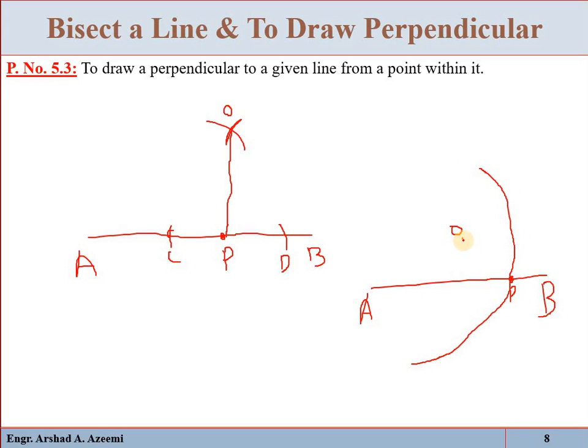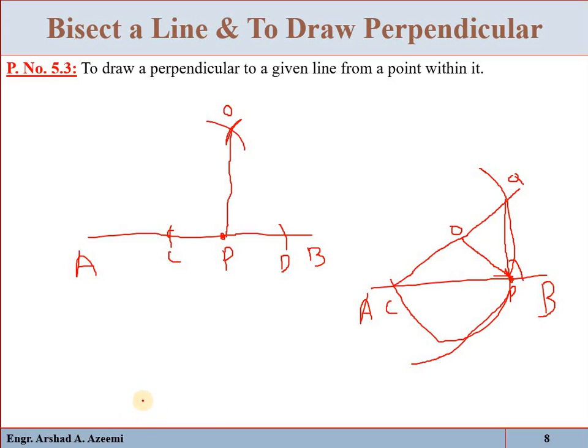The arc will intersect the line AB at point C. Now join C with O and extend it, so it will intersect the arc at point Q. Now join Q with P, which will be the required perpendicular.